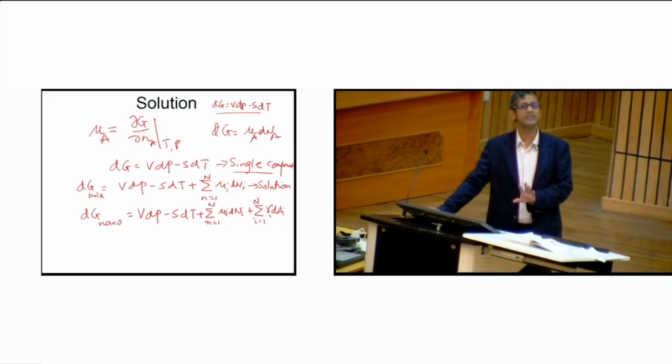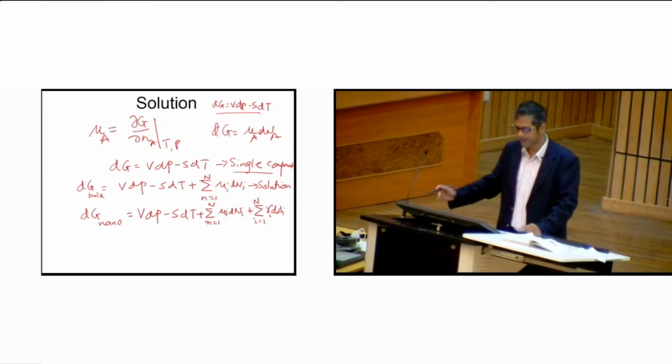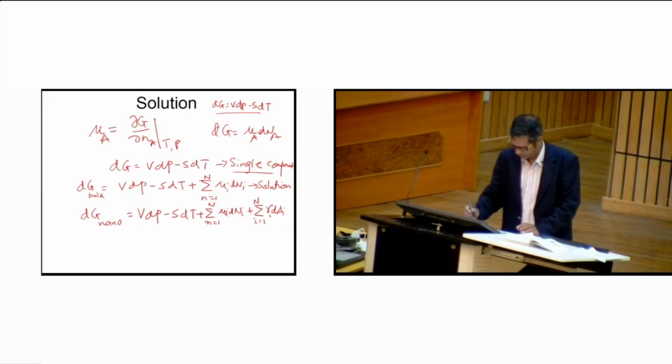That is not difficult to understand, very easy to understand, right? So I can write the chemical potential at the nanoscale as two parts. One is for the bulk. At the moment I write infinity, that means bulk. Bulk means size is very big.